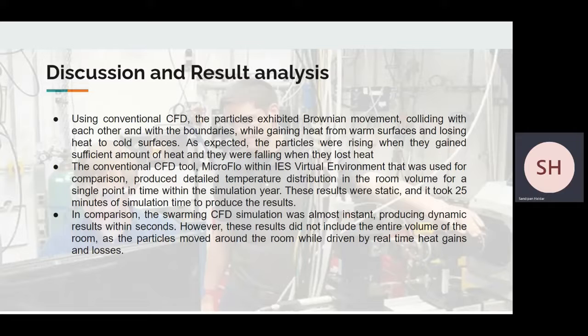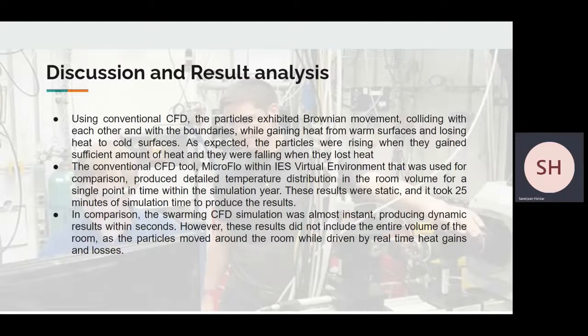The conventional CFD tool, which was Microflo in the IES virtual environment, used by the paper, produced a detailed distribution in the room volume for a single point in time within the simulation year. The results were static and it took around 25 minutes of simulation time. In comparison, the swarming CFD simulation was almost instant, within a few seconds, and it produced dynamic results.